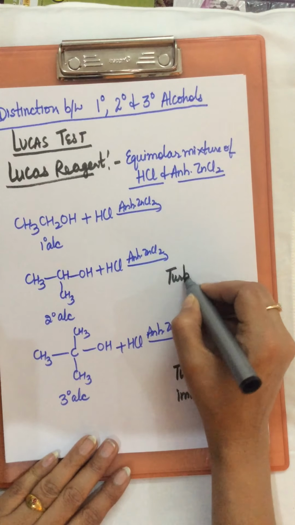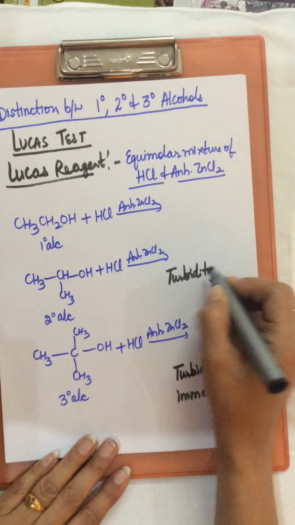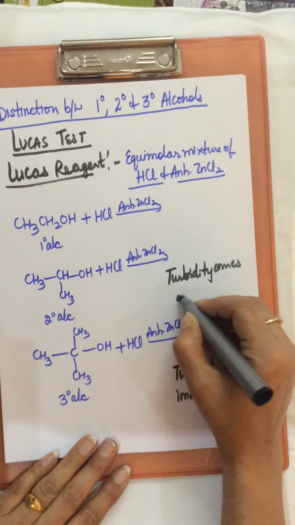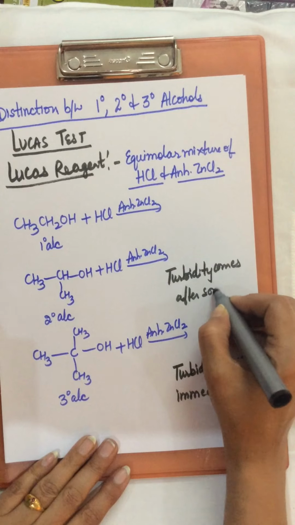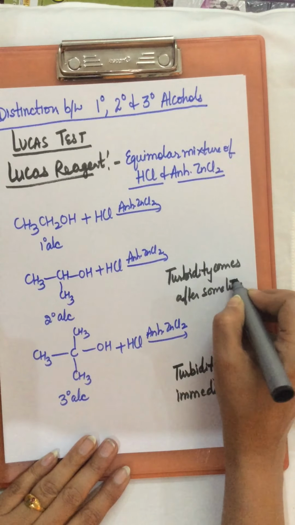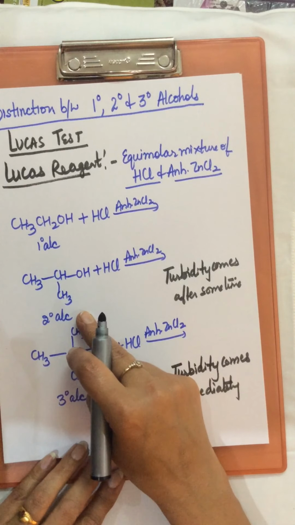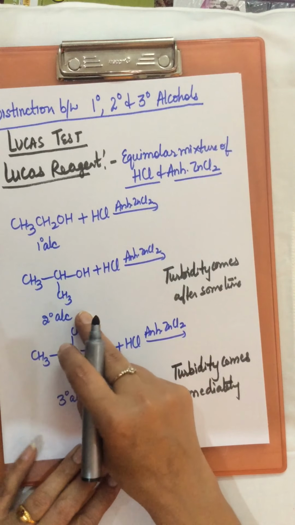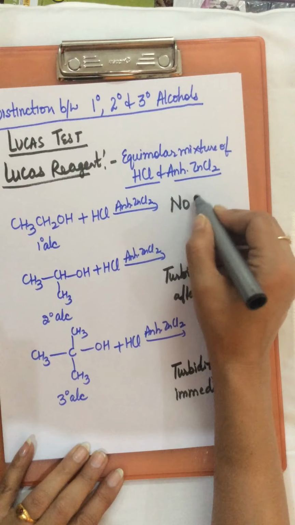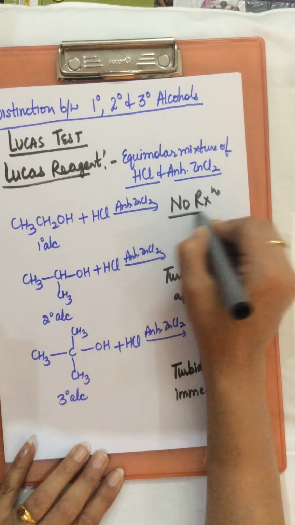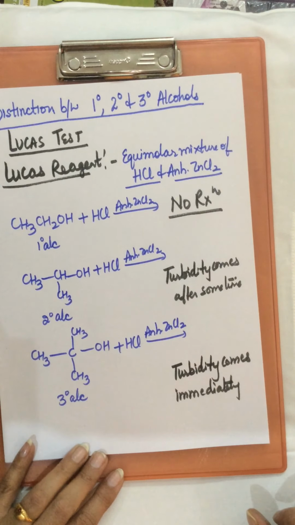In one more test tube, we'll see the turbidity comes after some time. That sample is of secondary alcohol. And the test tube which is left, in which there will not be any milkiness, that means no reaction has taken place, that is of primary alcohol.